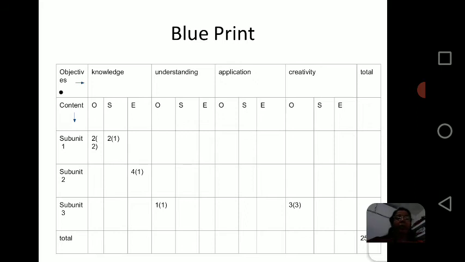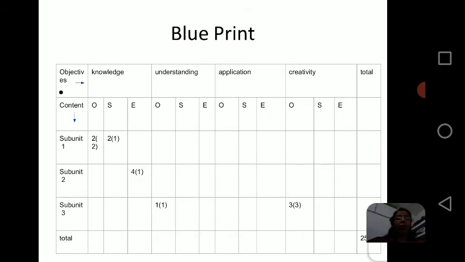And each box in this table depicts 3 dimensions. First box is 2, 2. In the bracket 2 and outside the bracket 2. 2, 2 means 2 objective type questions, and total mark is 2.